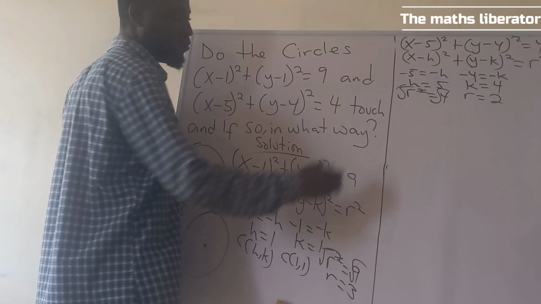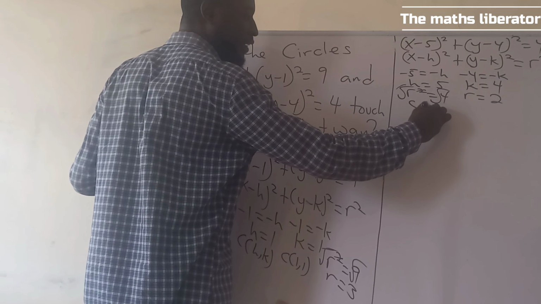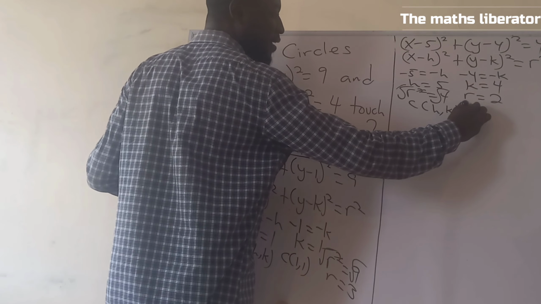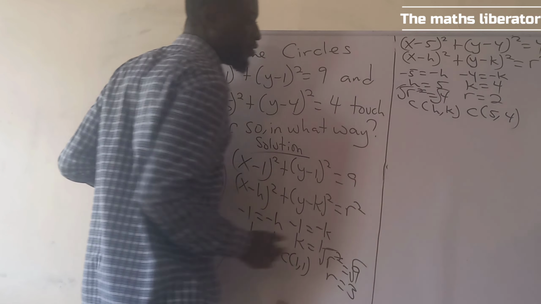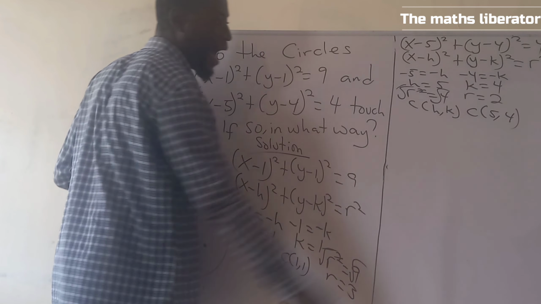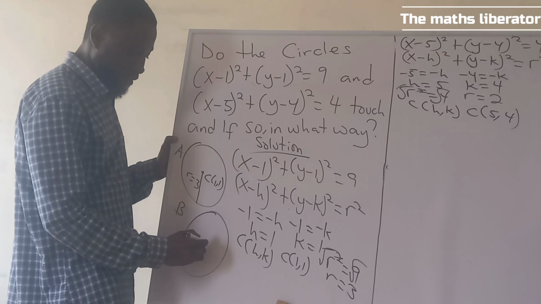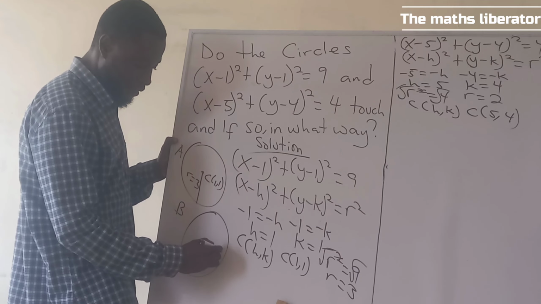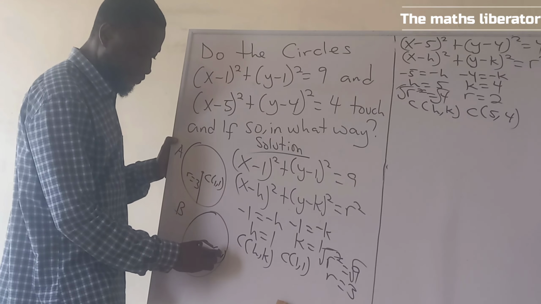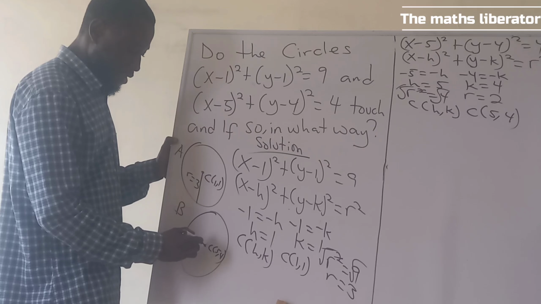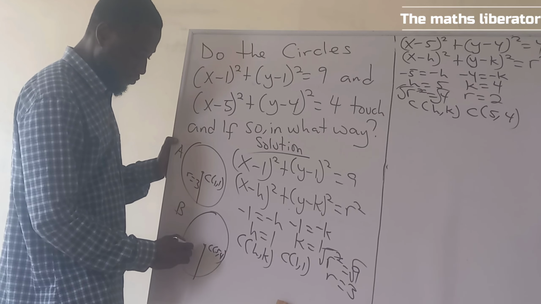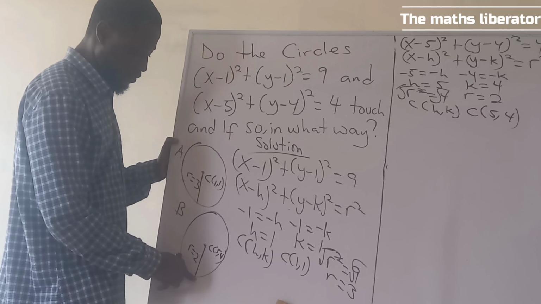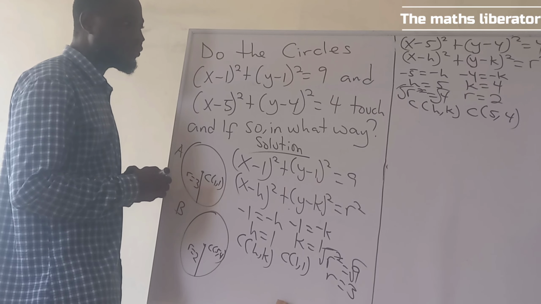Good. Remember, the center is of the form (h, k). So h is 5 and k is 4, so our center is (5, 4). That's the coordinate, and the radius is 2. So that's good.